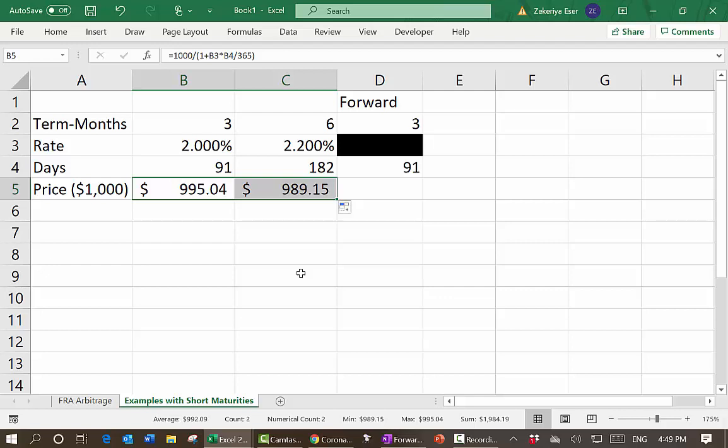No problem with the 6-month rate. 6 months will be thought of as 182 days.